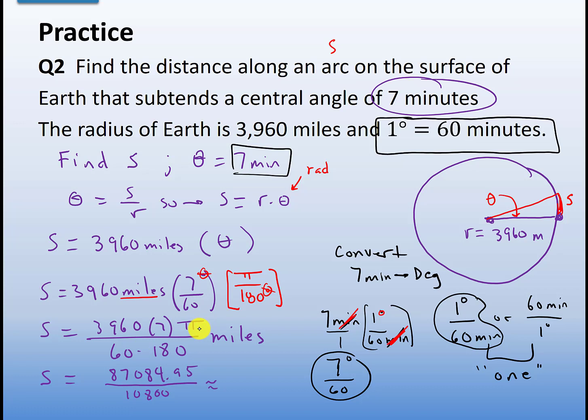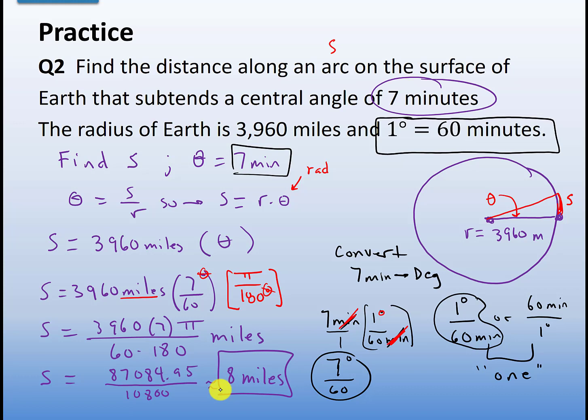Pi is an irrational number, so I have this long decimal that I'm just rounding off. And then we have to divide by 60 times 180, which is 10,800, and do that division. We finally get about 8 miles. So it is something we could walk. If we walked an angle that was 7 minutes on the edge of the earth, it's like walking 8 miles.